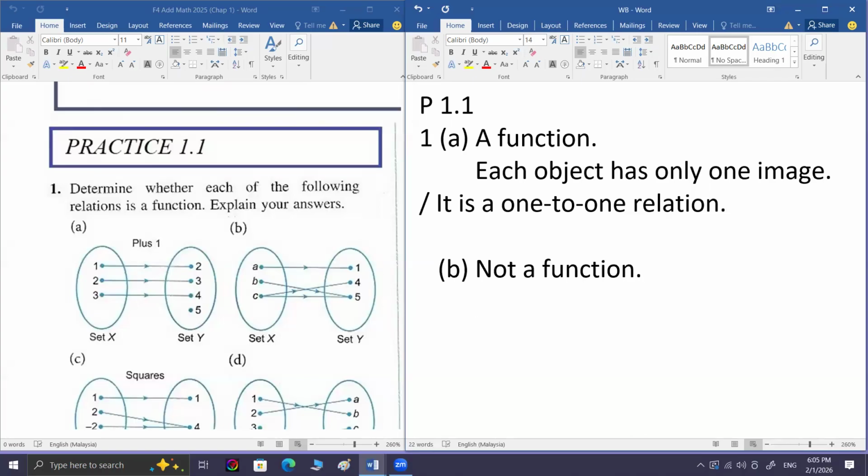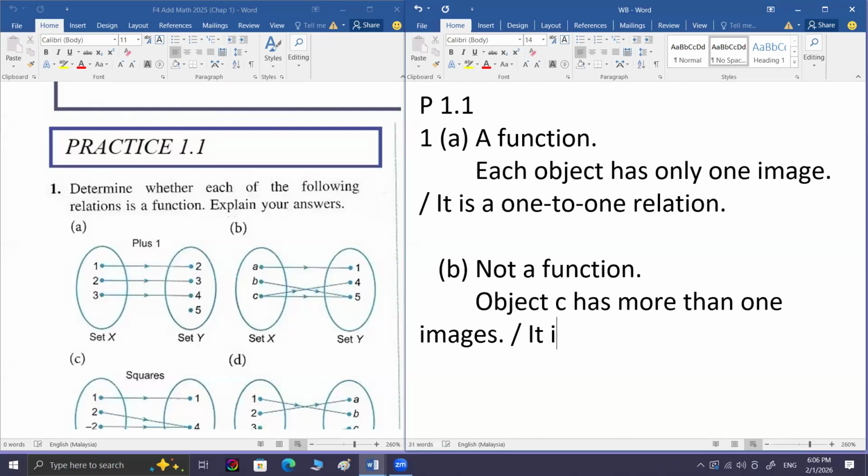So the explanation is: object C has more than one image. Or you can say it is a one-to-many relation.